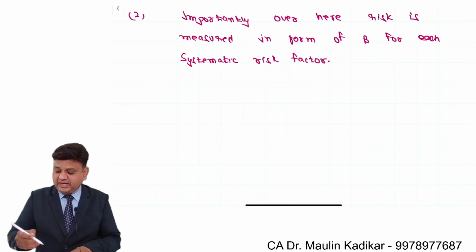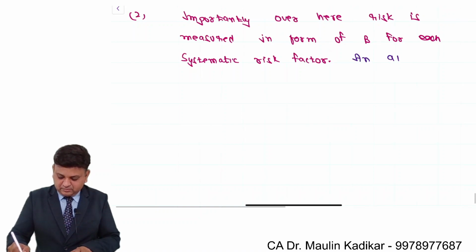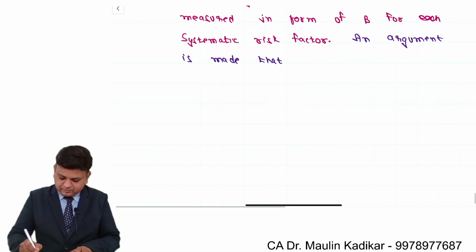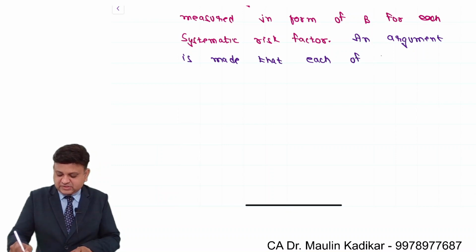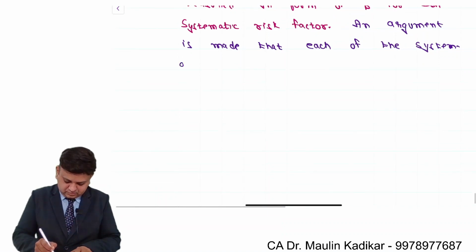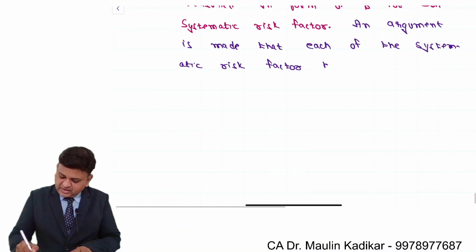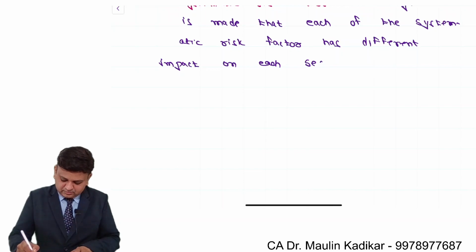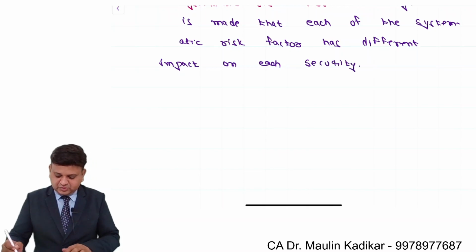Full stop. An argument is made that each of the systematic risk factors has a different impact on each security. Full stop.